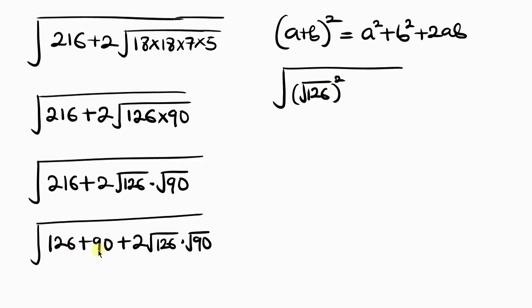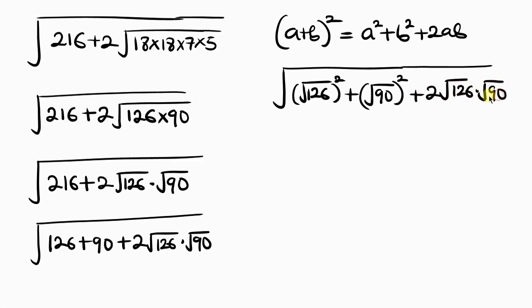We're going to be doing the same thing to the 90, so plus the square root of 90 squared plus 2 times root 126 times root 90.